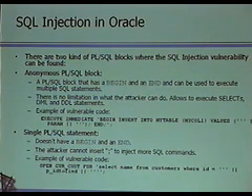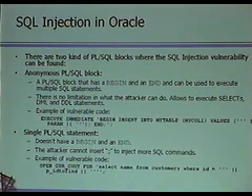Depending on where the SQL injection vulnerability is found, it can be divided in two groups: when the SQL injection vulnerability is in an anonymous PL/SQL block, and when it is in a single PL/SQL statement.